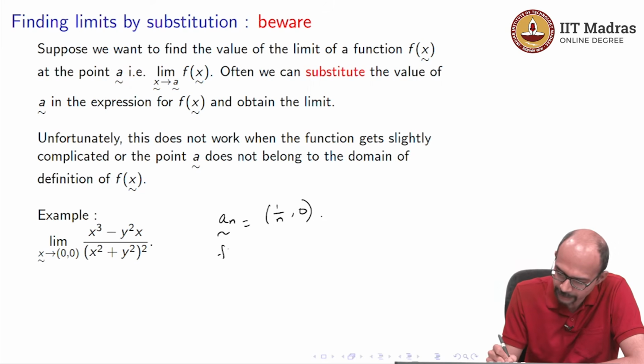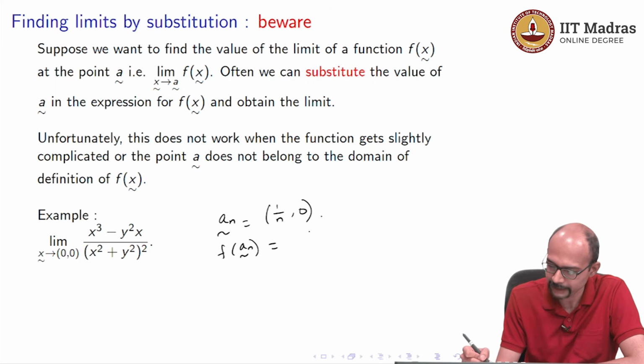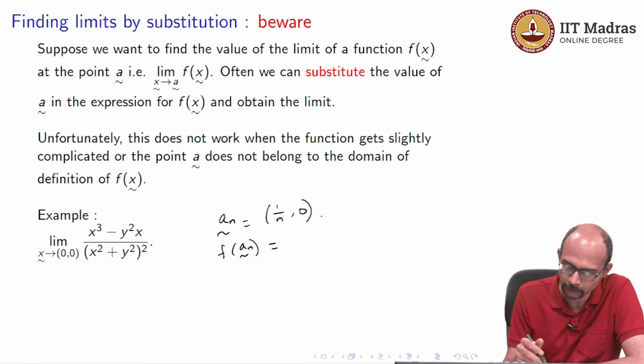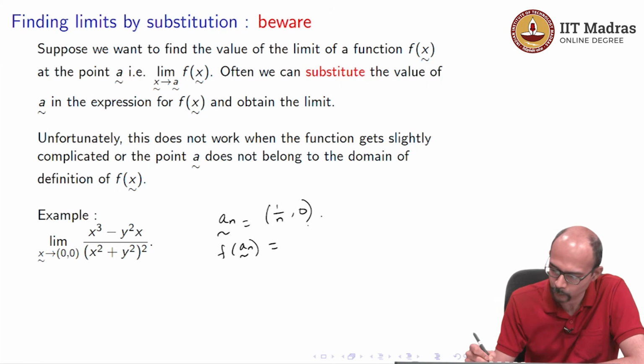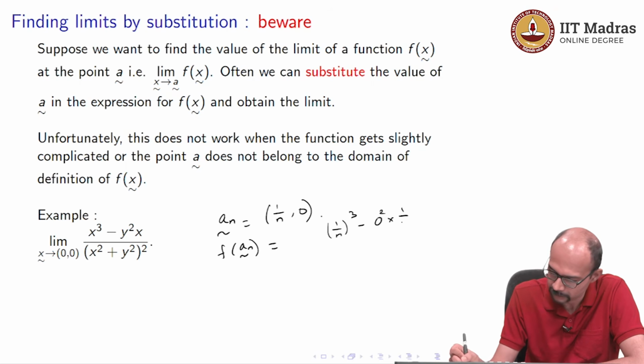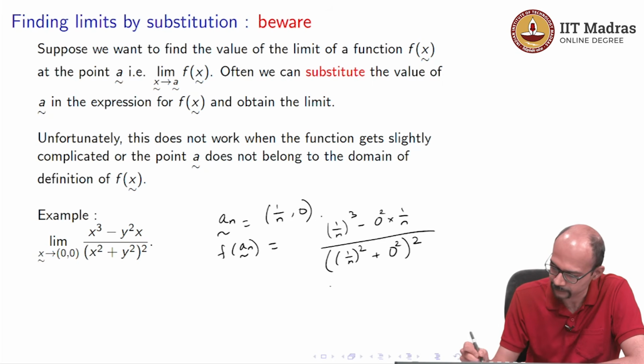If you look at f of ã_n, I can substitute (1 by n, 0) in this expression, and what do I get? The numerator is (1 by n) cubed minus 0 squared times 1 by n, and the denominator is ((1 by n) squared plus 0 squared) squared.